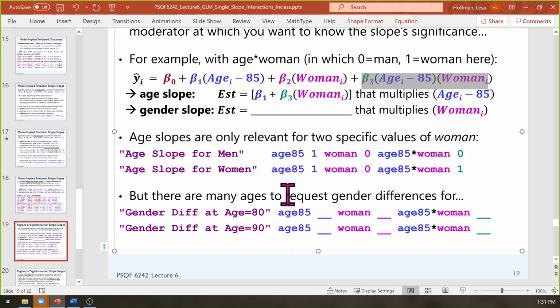All right. Questions on this so far? No? What if we go the other way? The way that we're talking about this right now is with age as the predictor we care about and gender as the moderator. But reviewer 3 is like, nuh-uh, I care about gender differences.